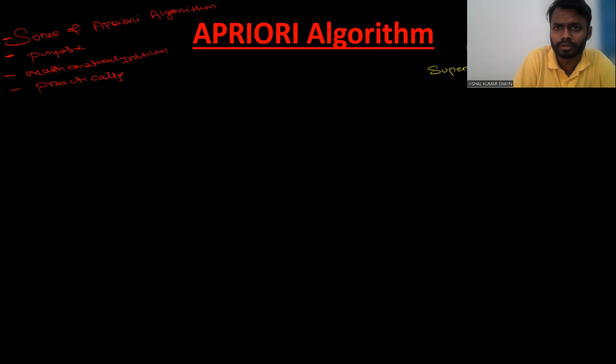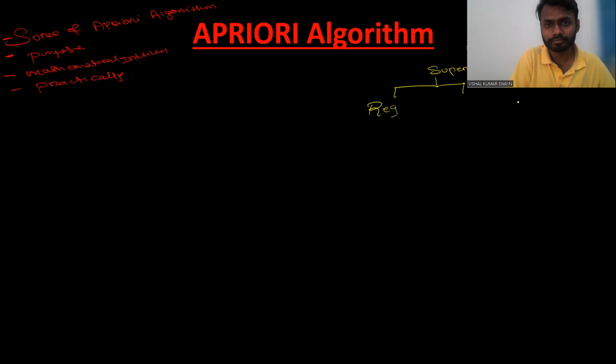Okay, unsupervised. And the next one is the semi-supervised. And the last one is reinforcement. But supervised is again divided into 2 types. One is regression. Another one is classification, right?